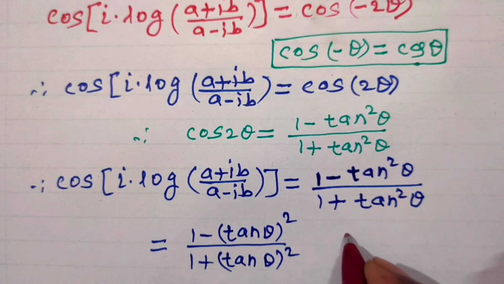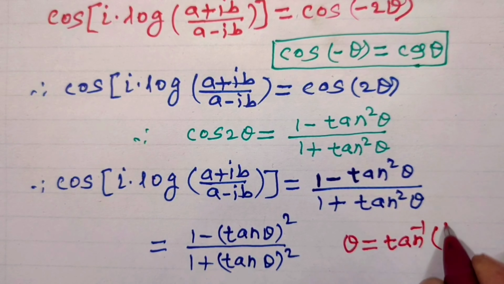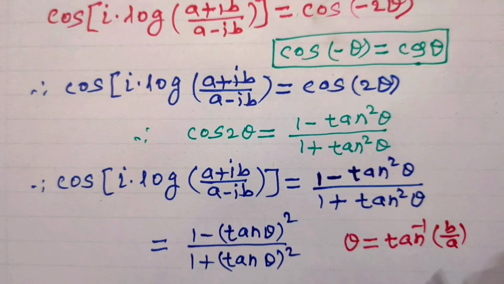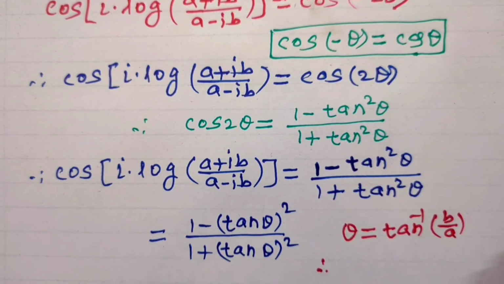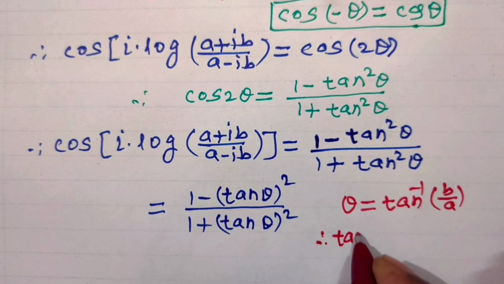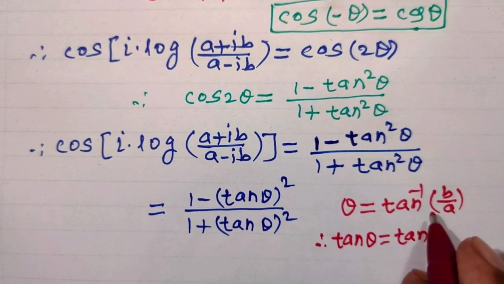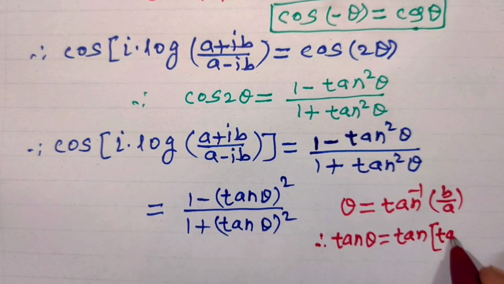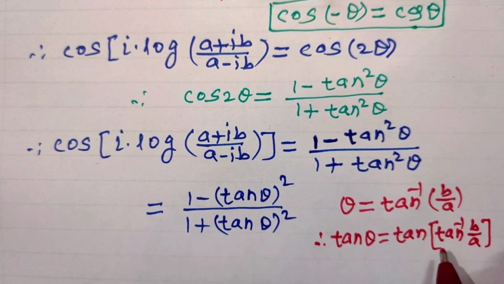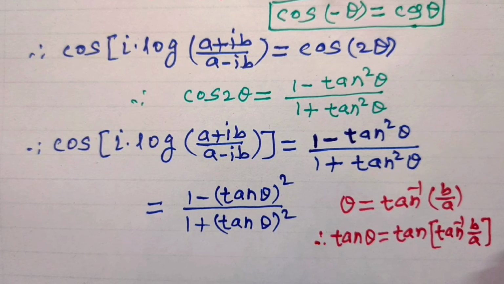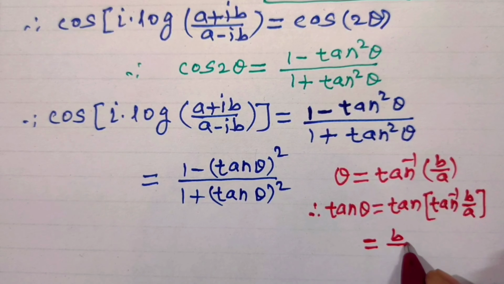Since we know theta is equal to tan inverse b upon a, which is the obtained value of the amplitude of complex number z, tan theta is equal to tan of tan inverse b upon a. Tan inverse gets cancelled, and hence tan theta is equal to b upon a.